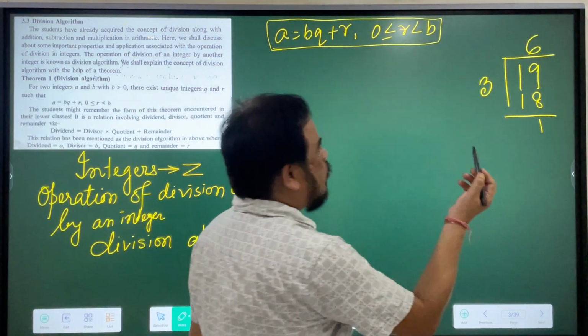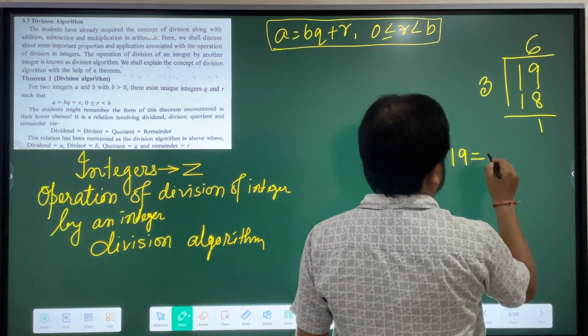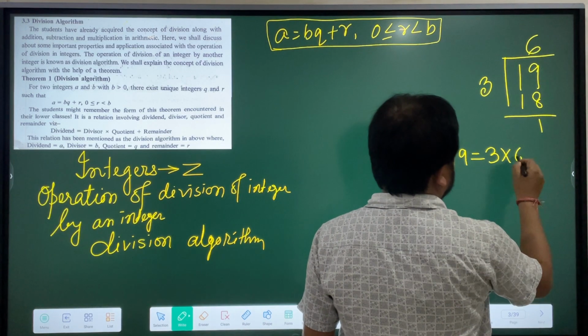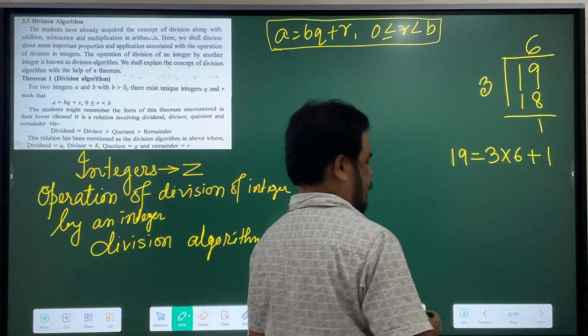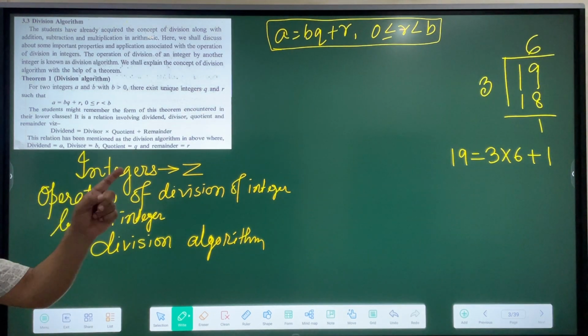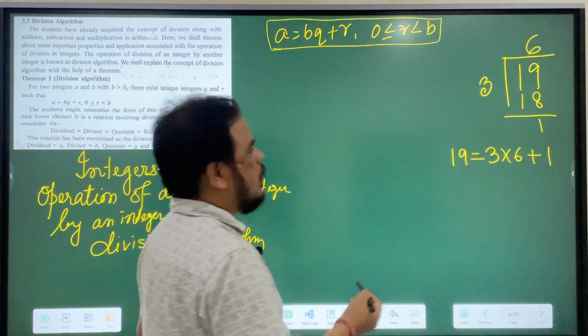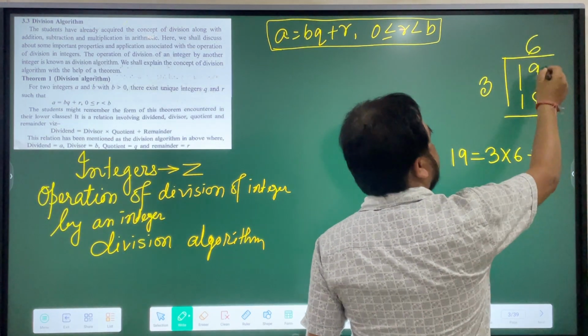This one you can write like this also: 19 is equal to 3 into 6 plus 1. We can write like this because 3 into 6 is 18, and 18 plus 1 is 19. So 3 into 6 plus 1 is 19.